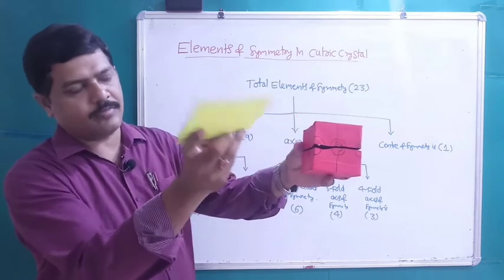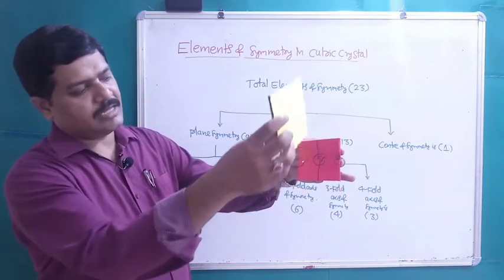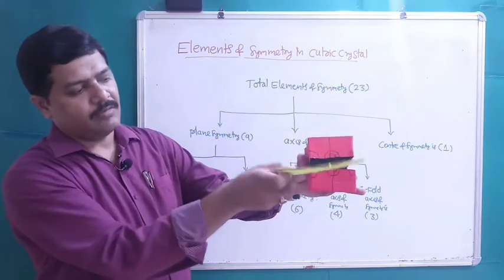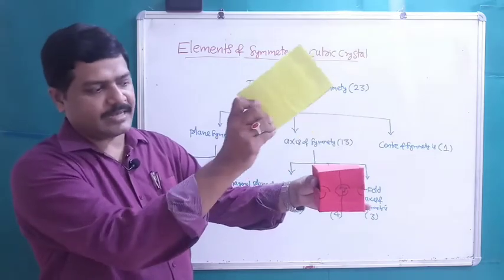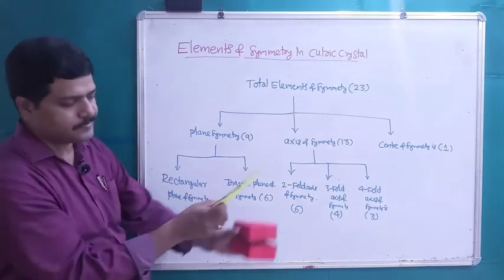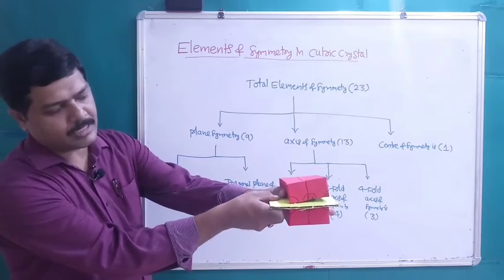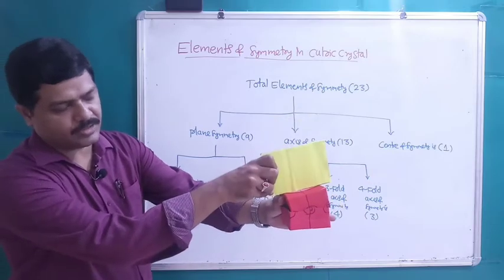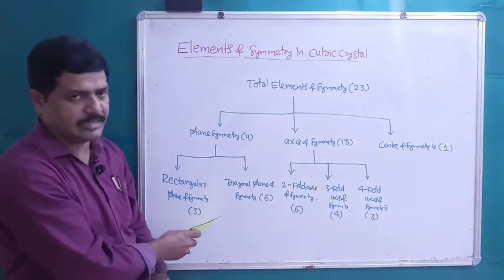The other one is like this, and the other one is like this. 1, 2, 3. Along the x-axis that is 1, y-axis is 2, z-axis is 3. So total rectangular planes of symmetry is 3.